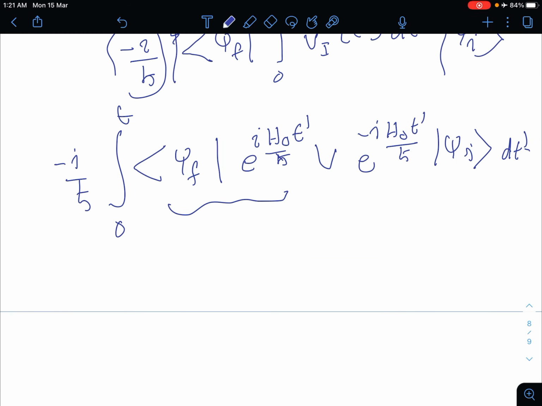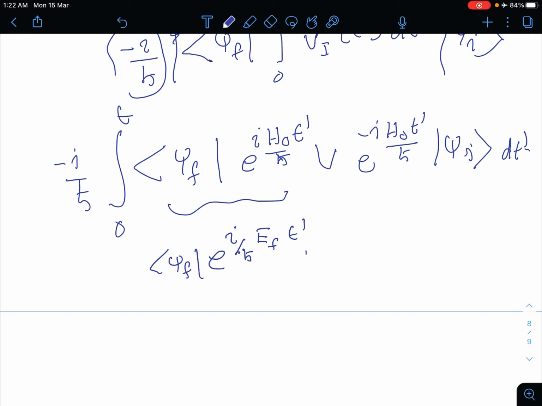When this acts on this, what will happen? e raised to i H0 t dash by h cross acts on psi f. So that is simply e raised to i by h cross H0 acting on psi f, so that is e f t dash psi f.